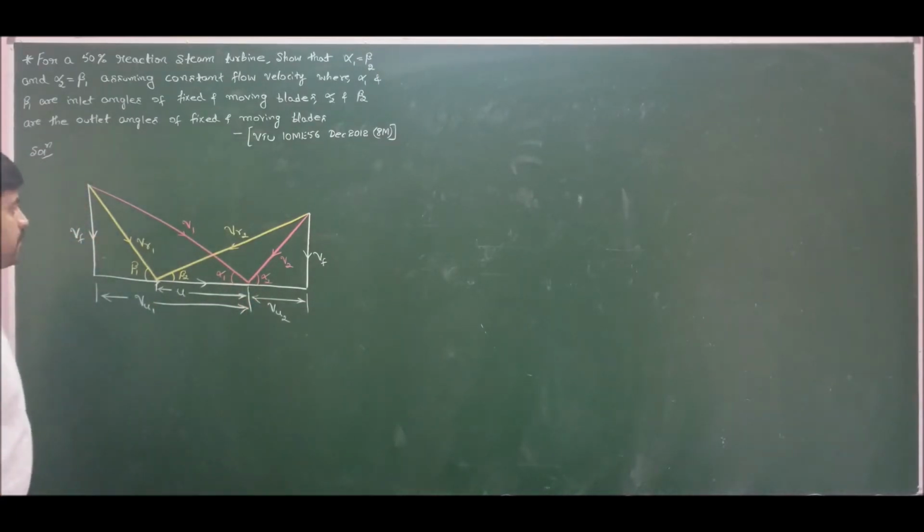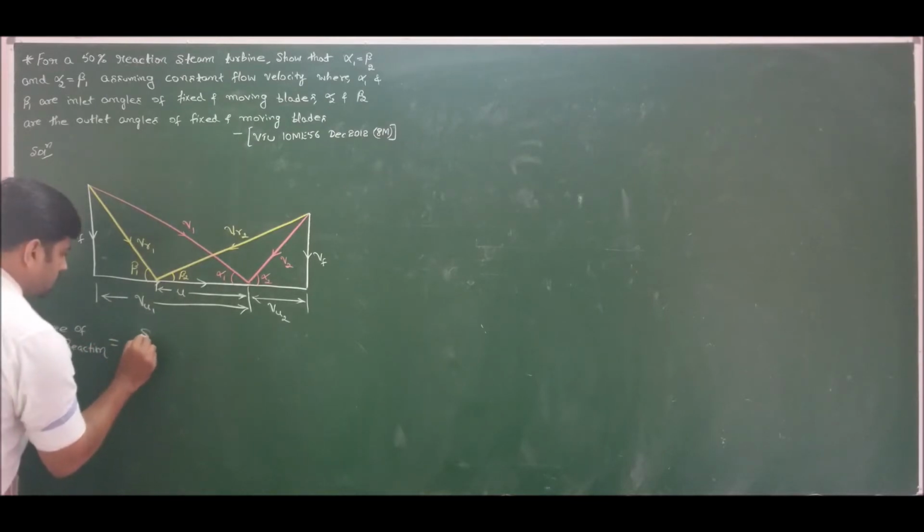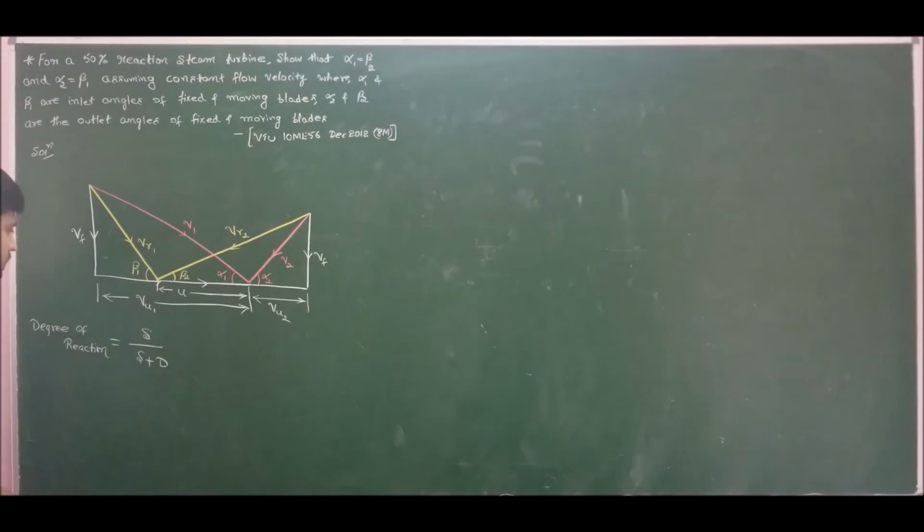Now, the value of degree of reaction is given as 0.5, so consider degree of reaction for axial flow machines, which is given by the general expression: static component of energy transfer divided by static plus dynamic component of energy transfer.